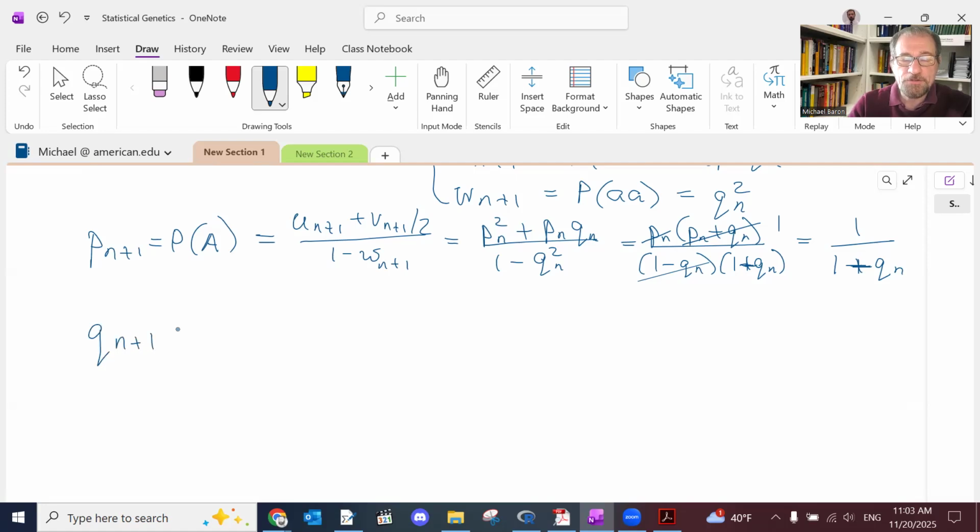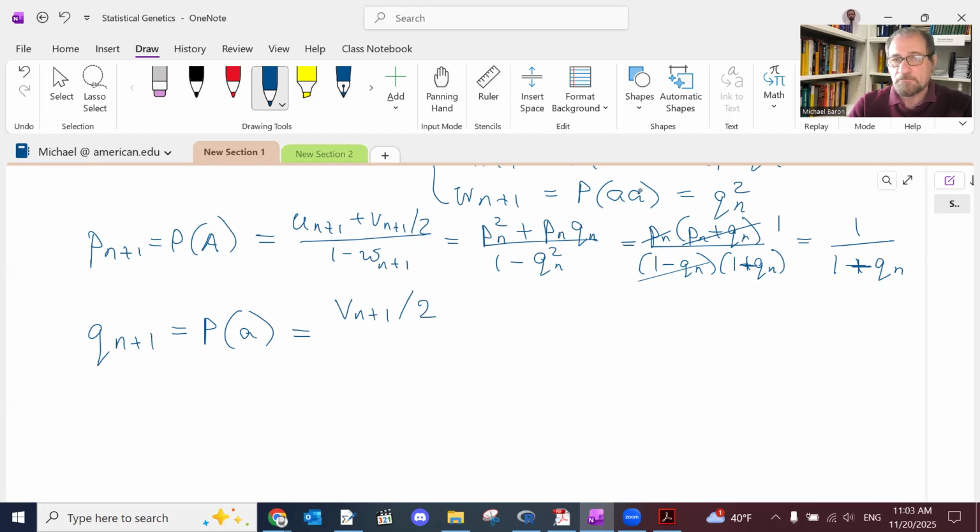Let's calculate Qn plus 1, the proportion of recessive genes in the next generation. How can you receive a recessive gene? W doesn't play the role here.